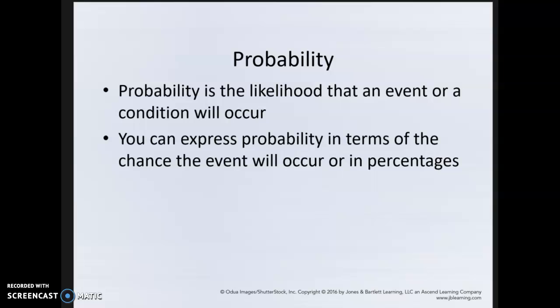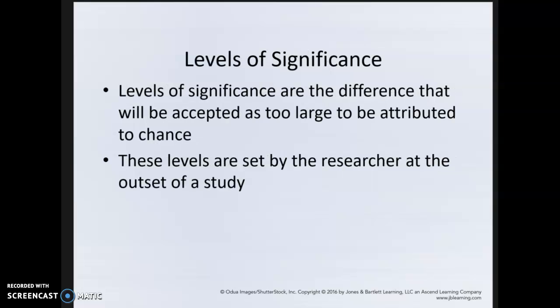And when we move on to looking at the level of significance, it's really to look at the difference as far as what will be accepted as being attributed to chance, because there are those outliers, and the levels that are set by the researcher at the outset of the study.